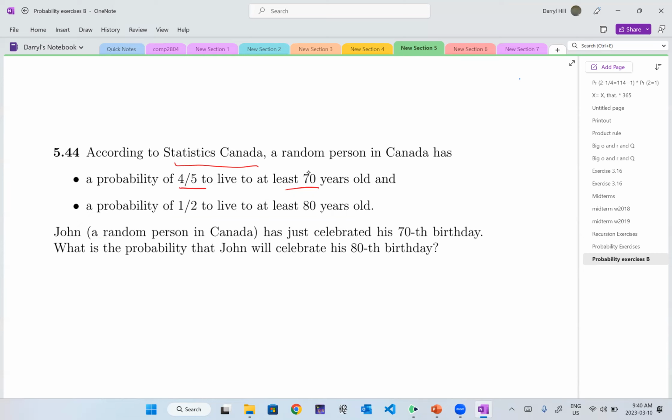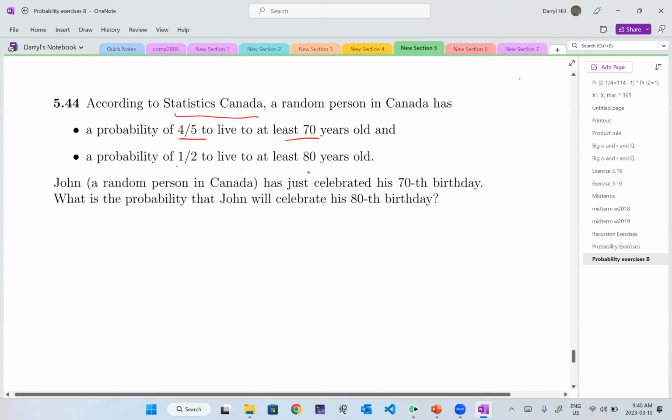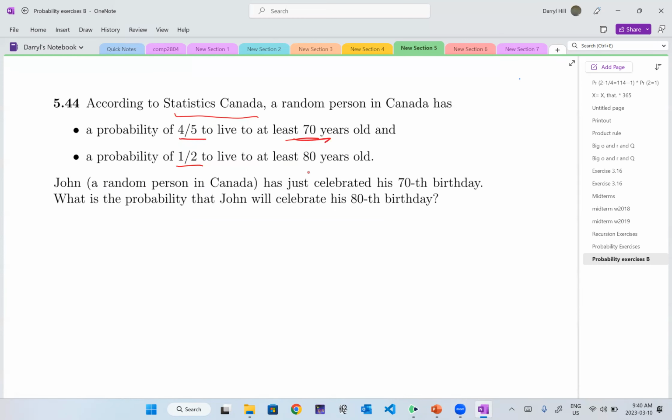All right, so this is conditional probability. Any random person just born has probability 1/2 to make it to 80. But what about John, who's 70 years old? We'll say A is the event that they're at least 70 years old, and B is the event that they're at least 80 years old.